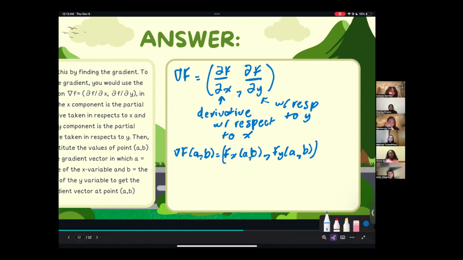The resulting vector, which is the gradient of f at point (a, b), points in the direction of the greatest increase of f, and it tells the magnitude, which is how fast f increases in that direction.